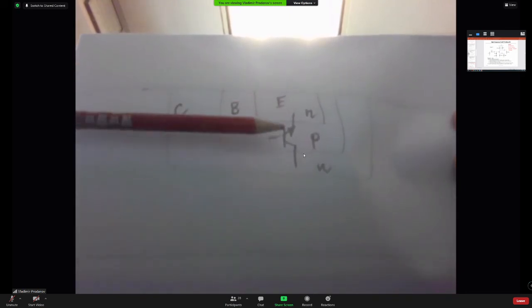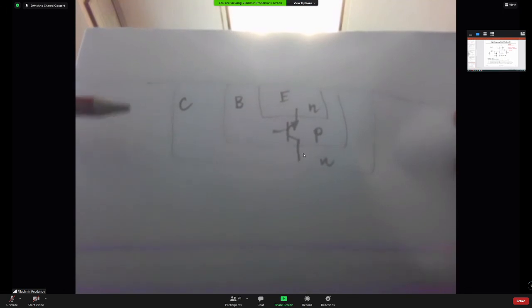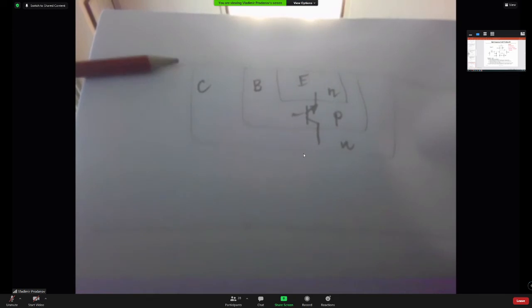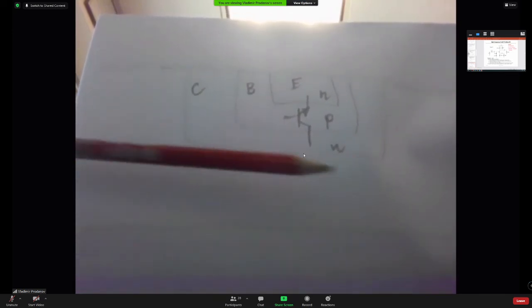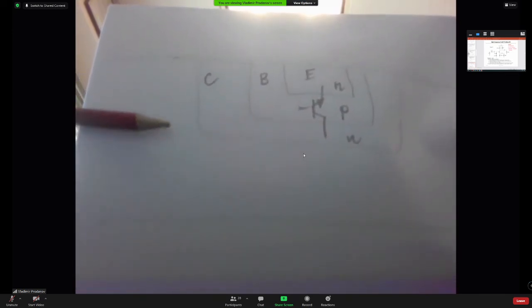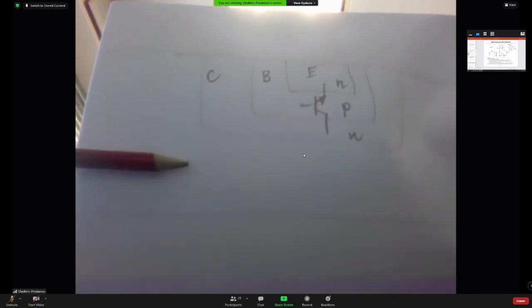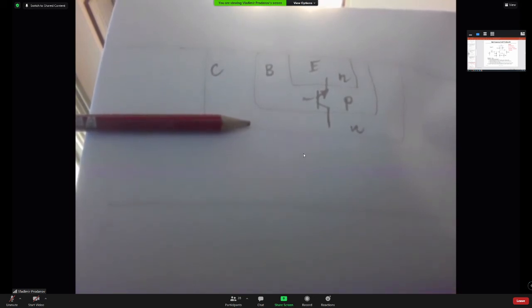This creates your NPN, but notice all the NPNs are isolated from one another. So this diffusion, the one that forms the collector region, sits in a substrate that is of P-type material. And in order to make sure that this device does not talk to the rest of the BJTs on chip, this PN junction right here is reverse biased or zero biased.